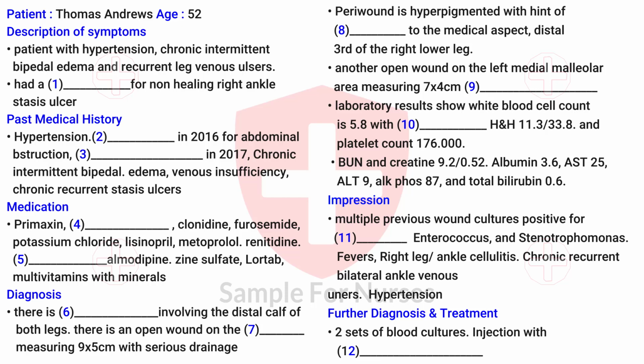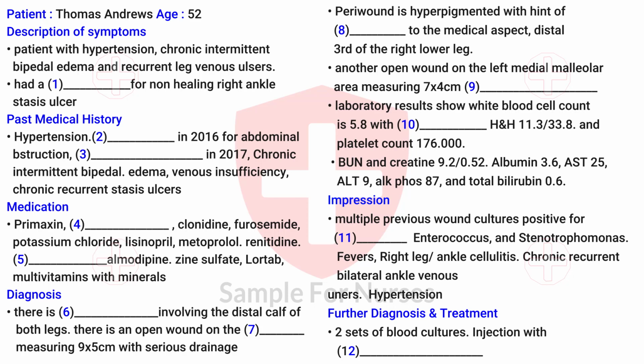Laboratory results show white blood cell count is 5.8 with 64% neutrophils. H&H 11.3/33.8 and platelet count 176,000. BUN and creatinine 9.2 over 0.52. Albumin 3.6, AST 25, ALT 9, ALK Phos 87, and total bilirubin 0.6.